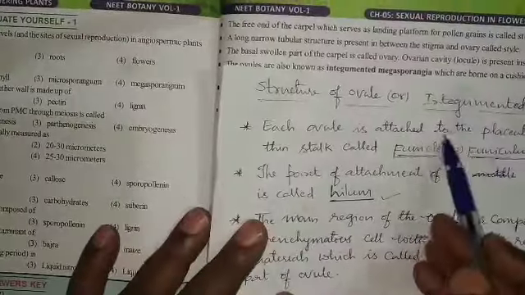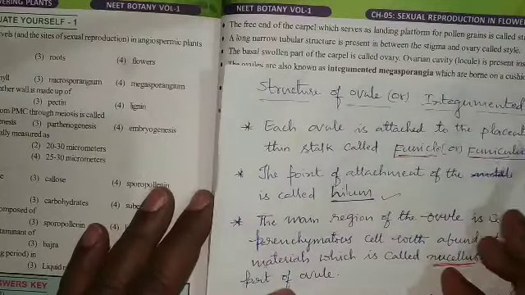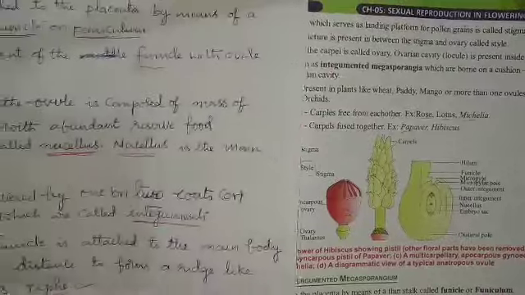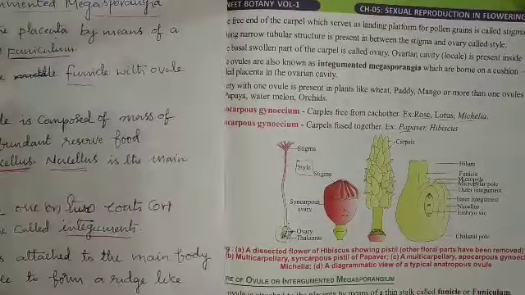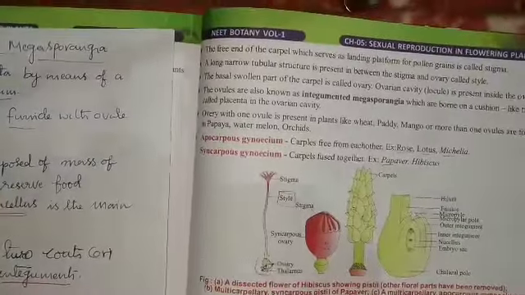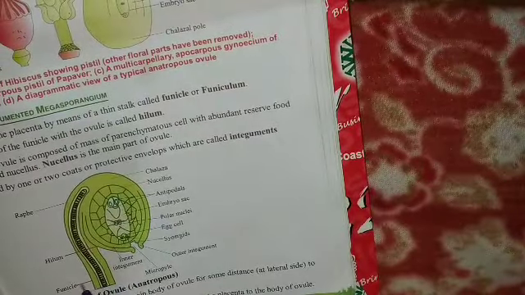Each ovule is attached to the placenta by means of a stalk called the funicle. This stalk-like structure is the funicle.